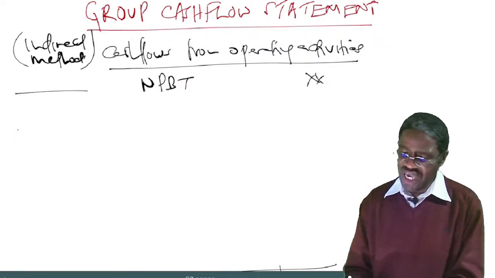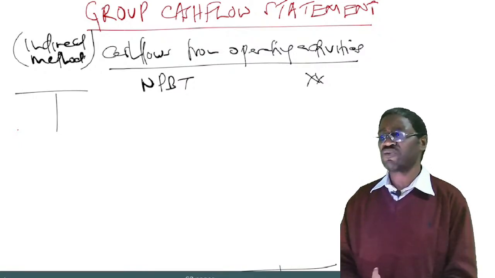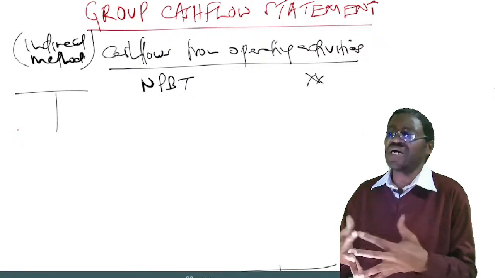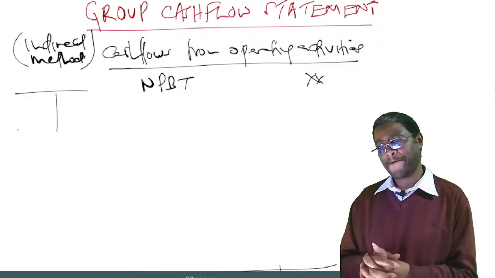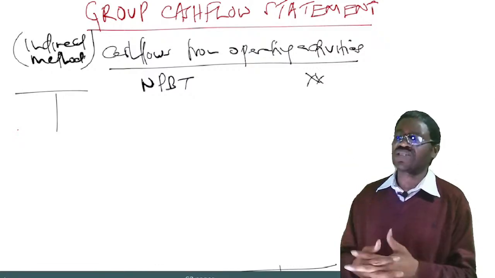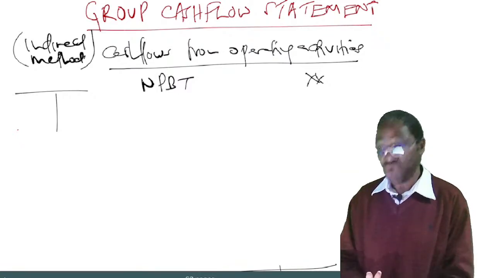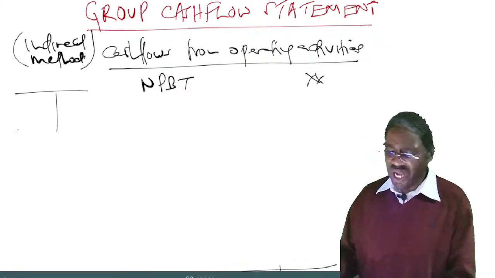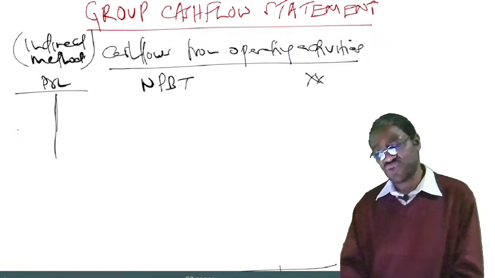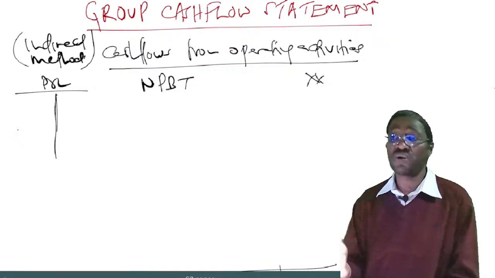Now, I know you know, listen, when we say we are determining the cash flows from operating activities, what are operating activities of a business? It is obvious these are transactions that arise from the general running of your business, normal running of your business. So assuming you prepared your profit and loss, and of course, let me assume I'm doing it in a T form, because you can have a P&L account in a vertical or a horizontal.